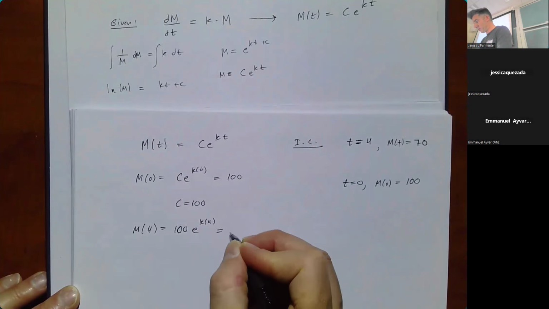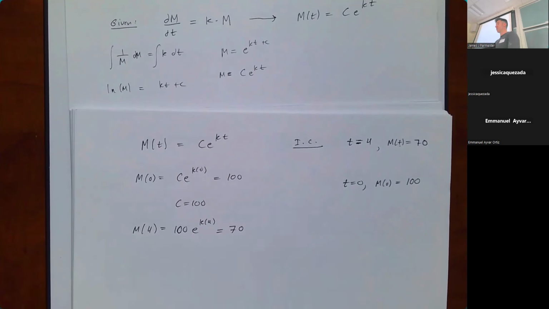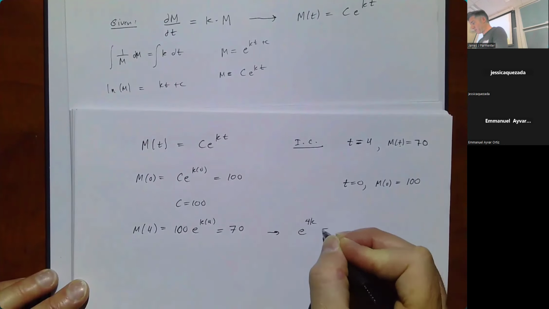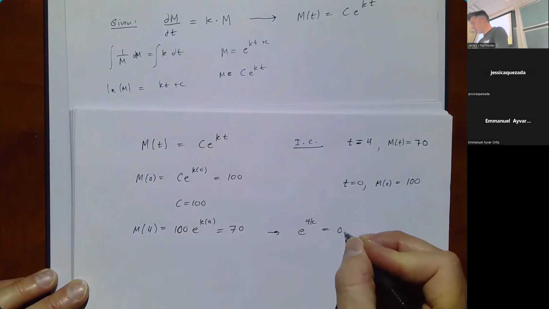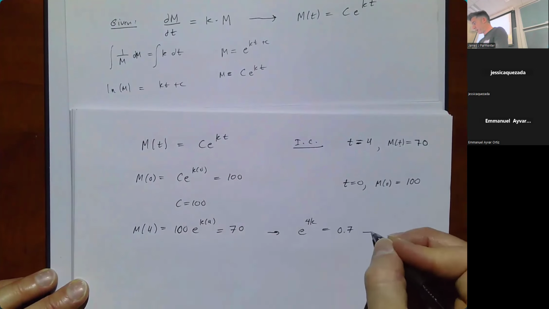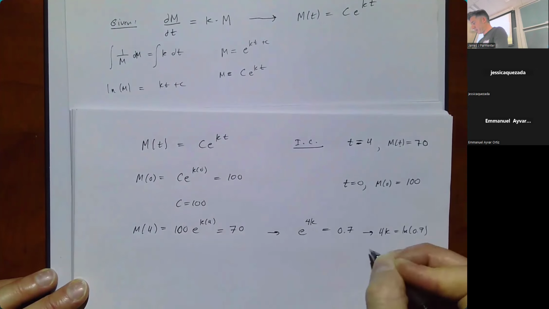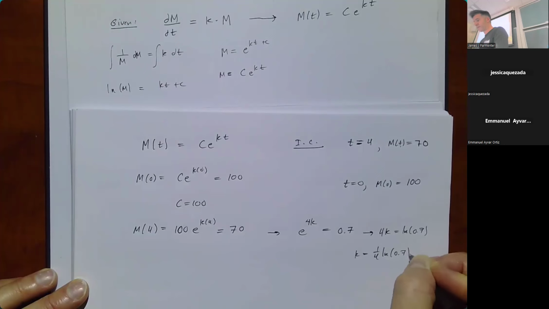And that's equal to the percentage of moisture remaining. And then we can find k. You get e to the 4k equal to 70 over 100, which is 0.7. So then 4k is equal to the natural log of 0.7. So then k is equal to 1/4 the natural log of 0.7.